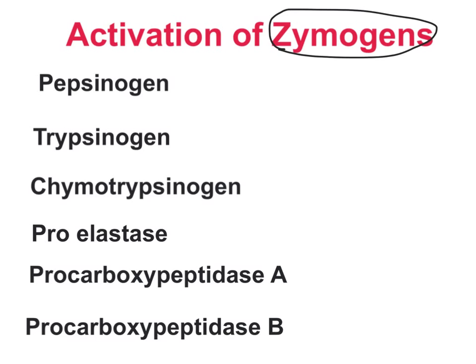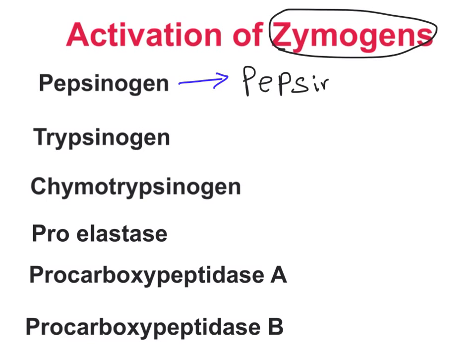The first enzyme is pepsinogen. Note that pepsinogen comes from chief cells in the gastric mucosa, and these chief cells synthesize pepsinogen, which is converted to its active form, pepsin.